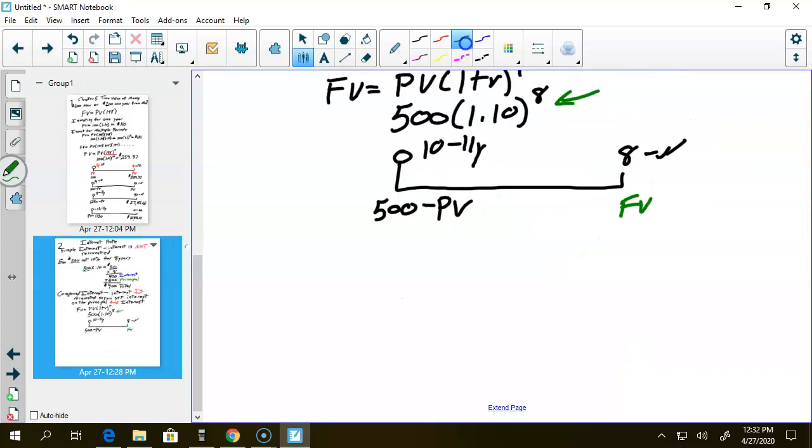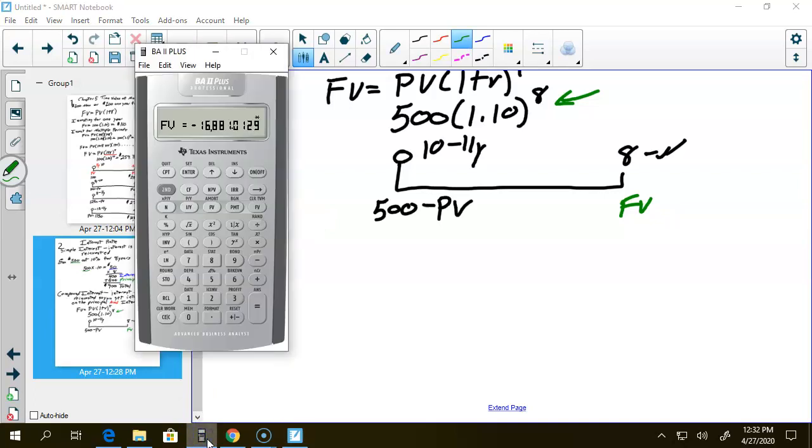Okay, so let's pull up our calculator. Again, brand new problem, so I want to clear everything out. So I'm going to do second, clear time value money. Okay, and I've got 8 years, 10% interest, and negative 500 is my present value, and I'm going to compute my future value.